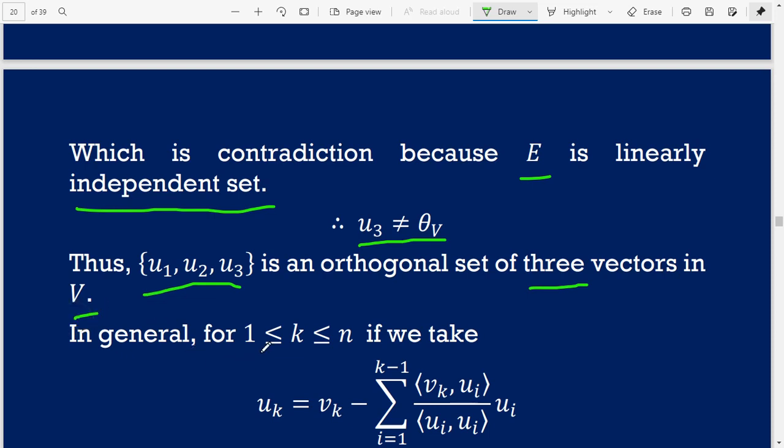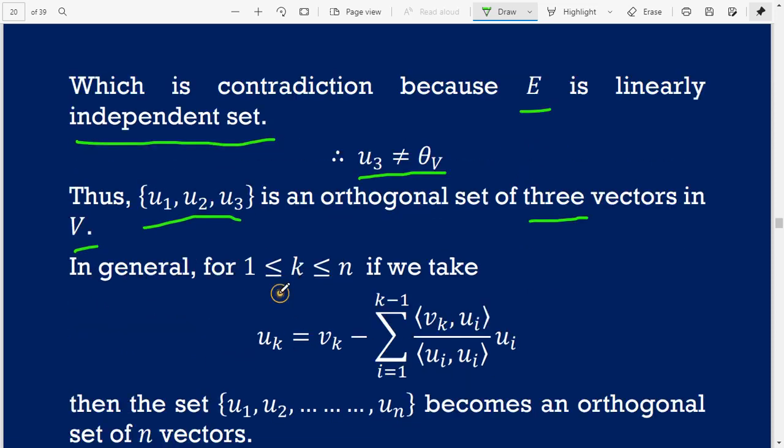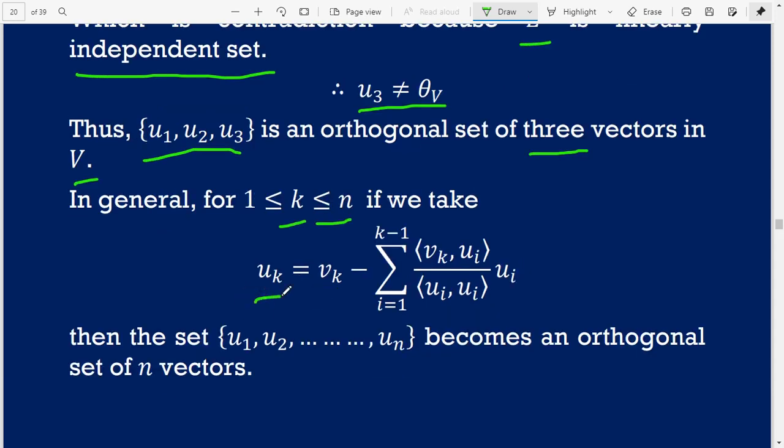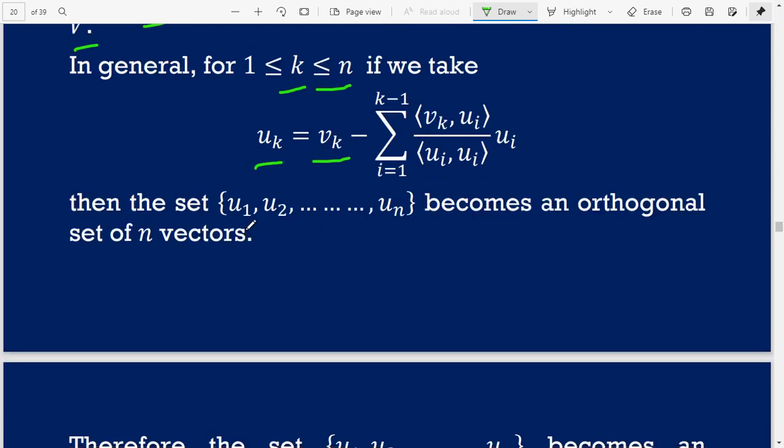So in general, for 1 ≤ k ≤ n, if we take uk = vk − summation i = 1 to k−1 of ⟨vk, ui⟩ / ⟨ui, ui⟩ times ui, then the set u1, u2, up to un becomes an orthogonal set of n vectors.